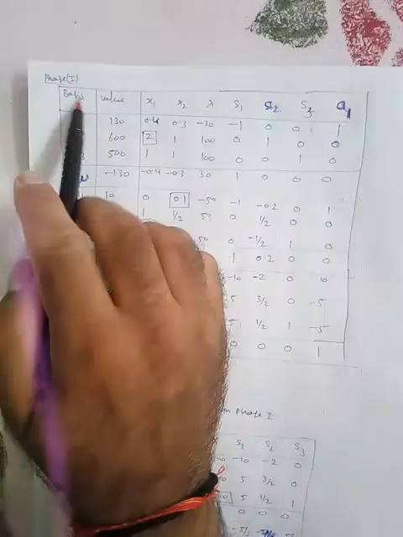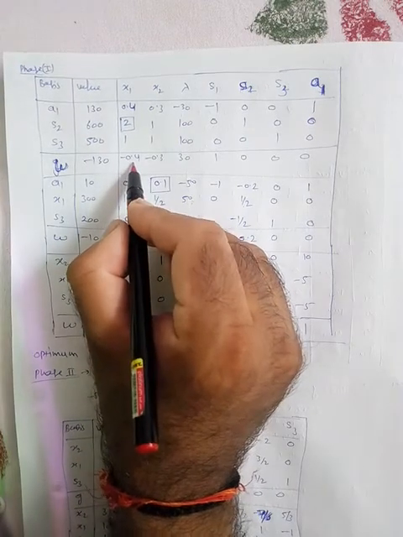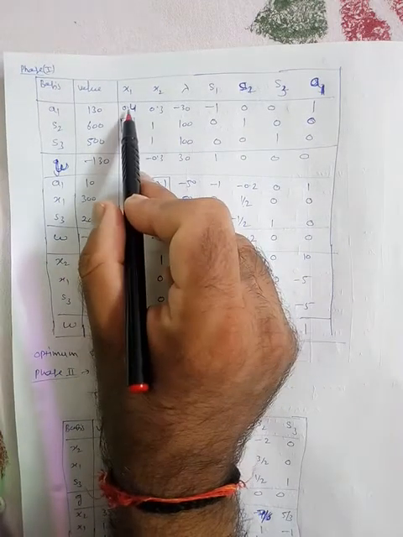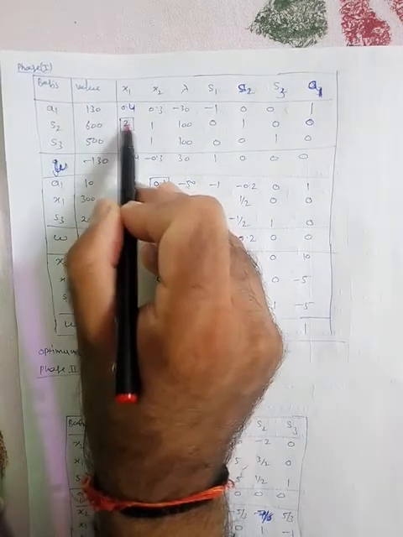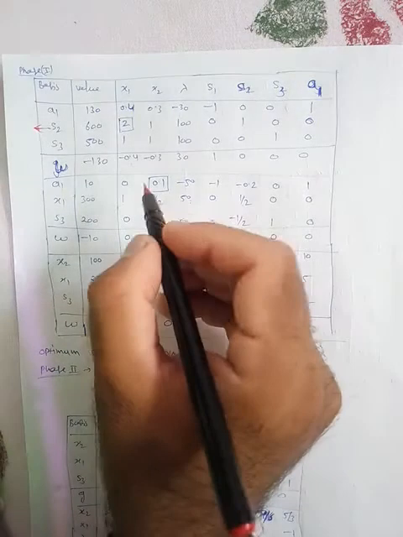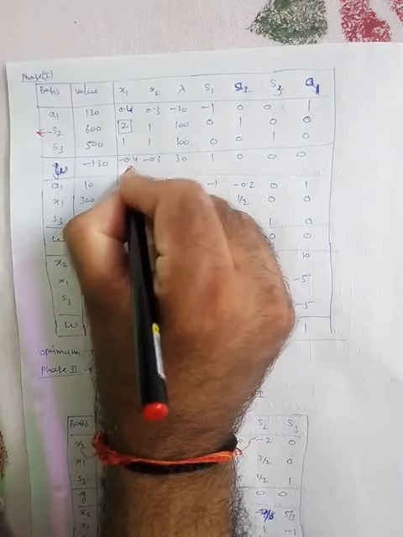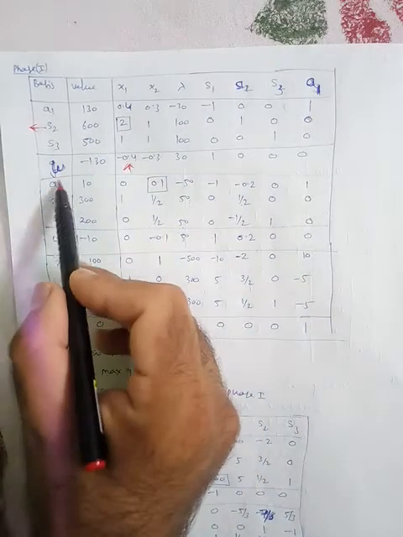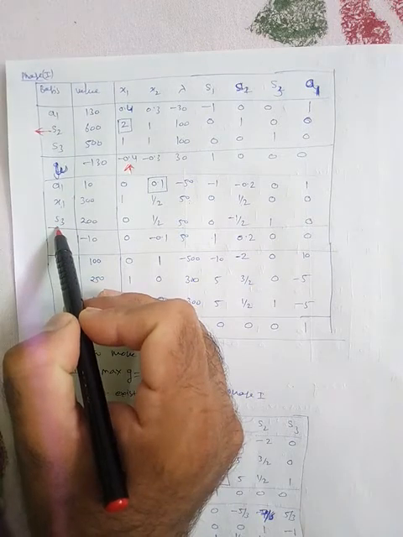So this is phase 1, and this is the initial table of phase 1. Here this is the most negative value, so go in this column and find the minimum ratio. The minimum ratio corresponds to this, so S2 will leave the basis and X1 enters the basis. So the basis is now A1, X1 and S3.